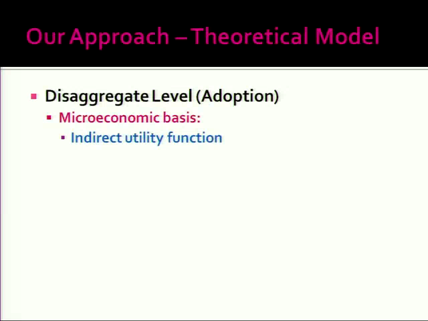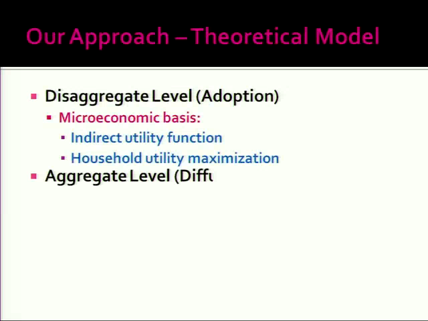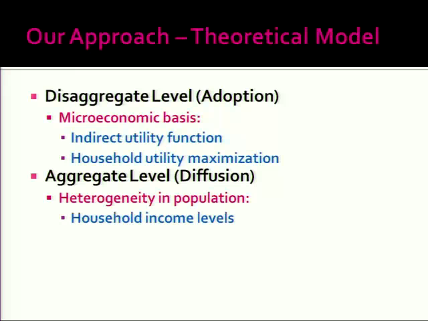Basically, you're optimizing what car to choose given all of the characteristics you have, and you choose the best one for your situation. And then on the aggregate level of diffusion, we base that on the adoption, and then we look at the overall distribution of, for example, income or household sizes or varying degrees of environmental awareness in the population, and we find out exactly what percentage of the population goes with one vehicle type versus another.